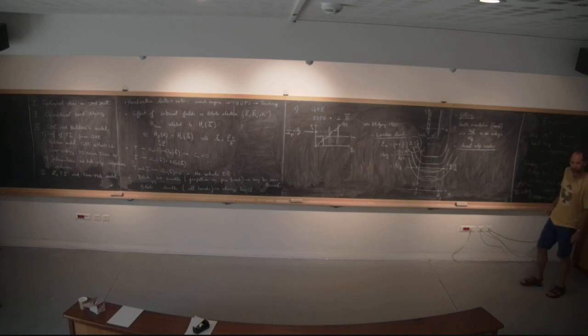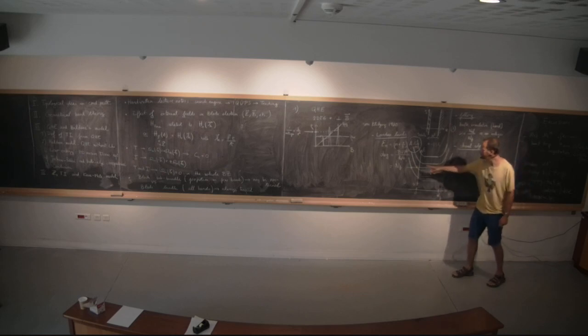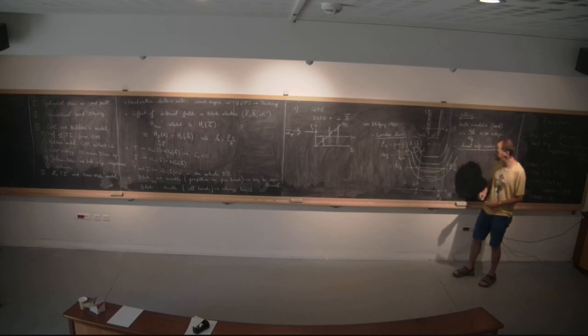In addition, you can show, and here I'm just mentioning it, not deriving it, that the slope of the bending gives the velocity of these modes. So these modes are no longer flat, they have a group velocity, they disperse; those modes disperse with a positive velocity, those modes disperse with a negative velocity.